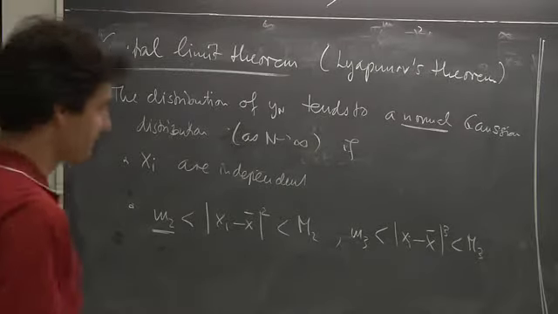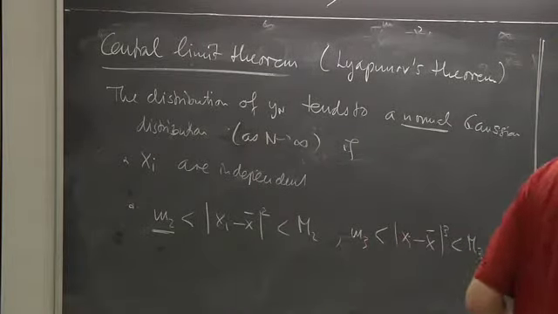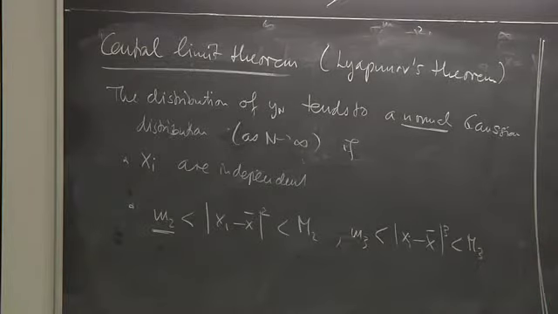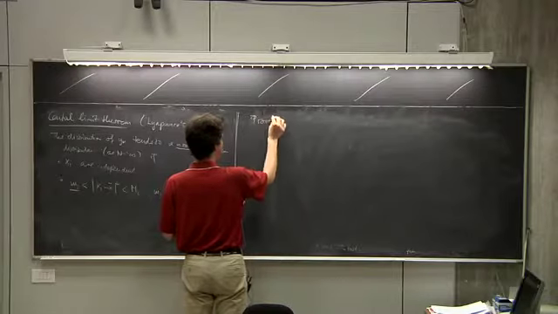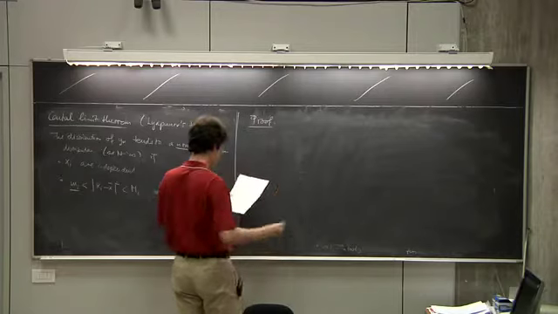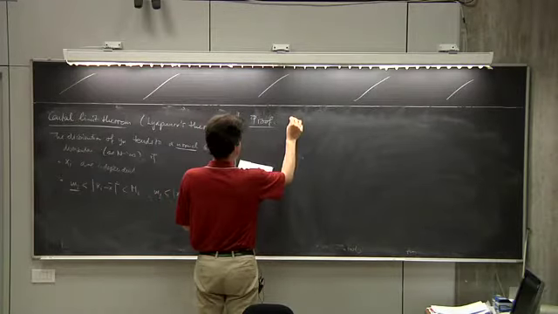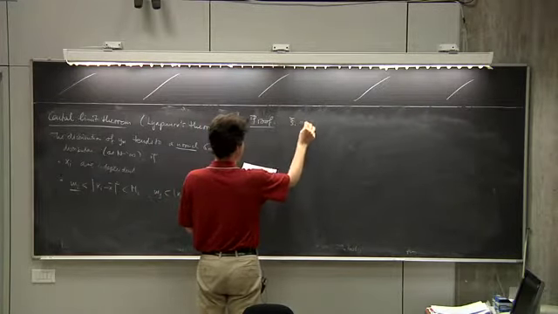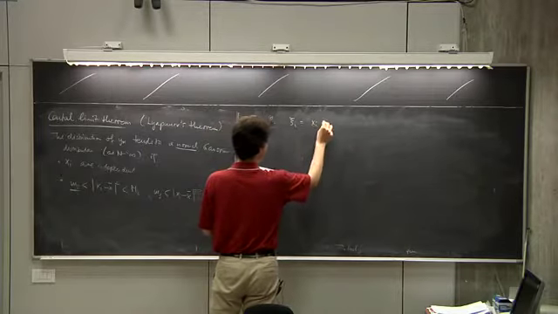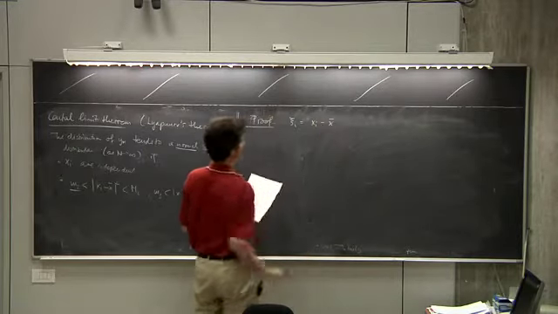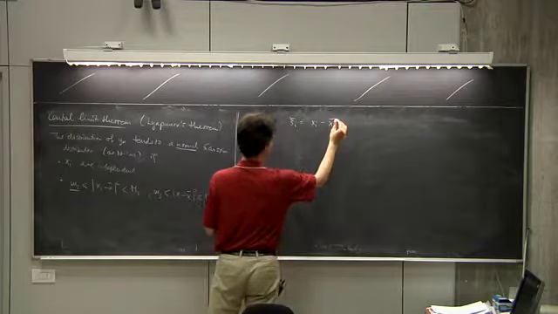Okay, now the proof. The proof is very simple, but it will maybe feel good having seen it. So let's define the variable psi i, which is xi minus its average.